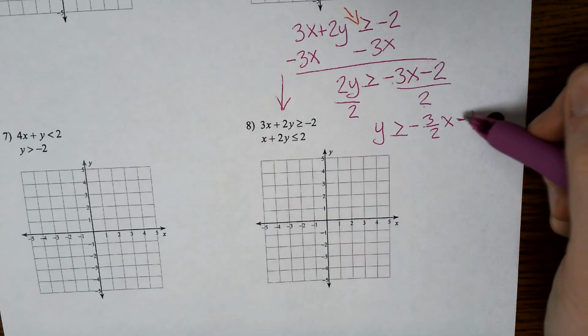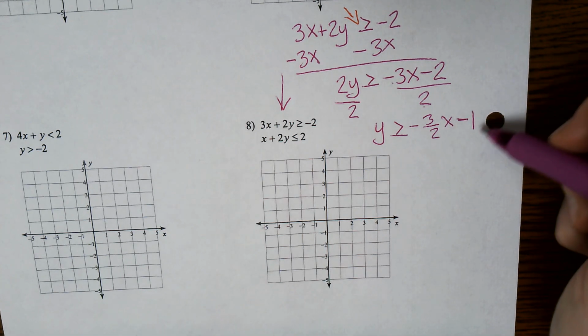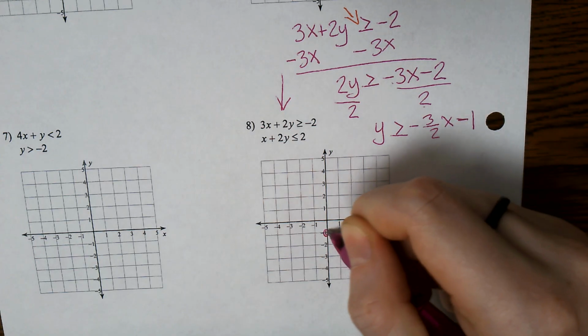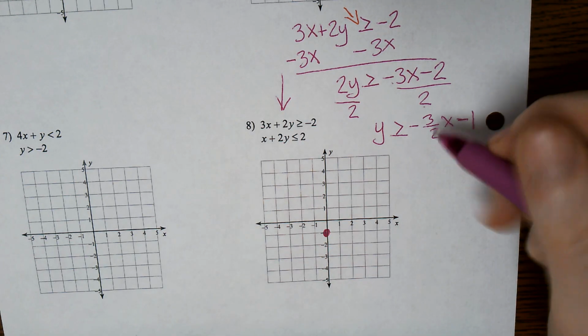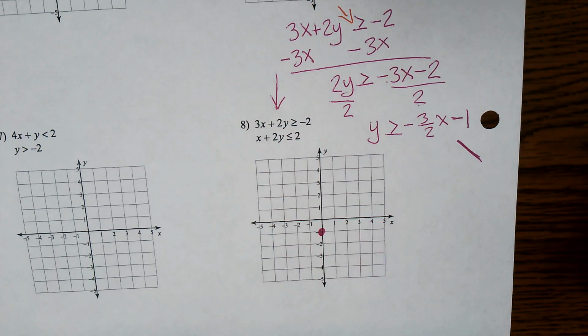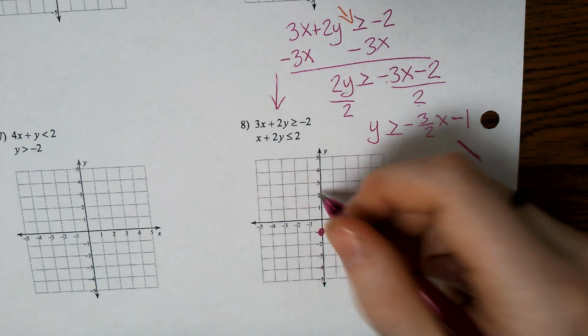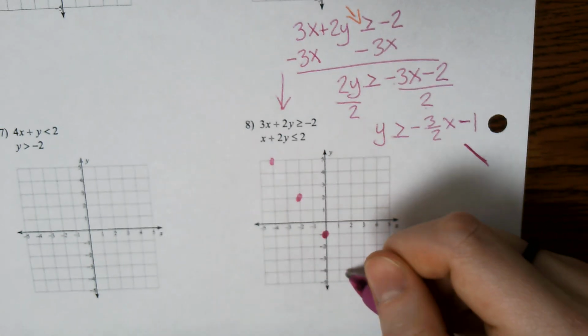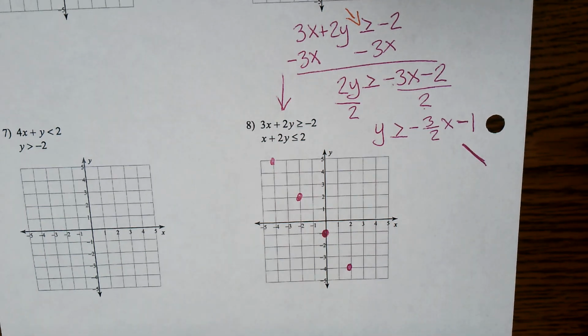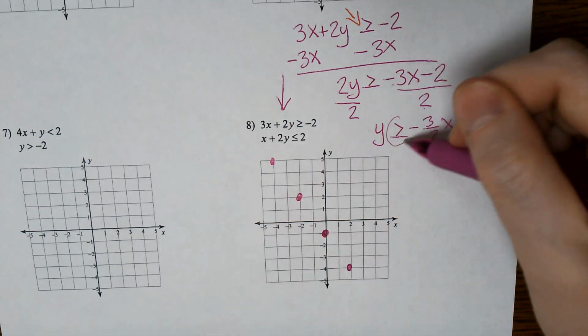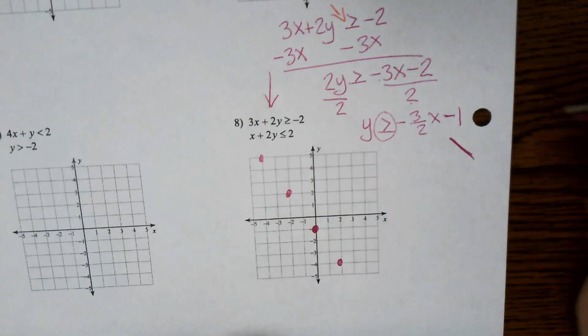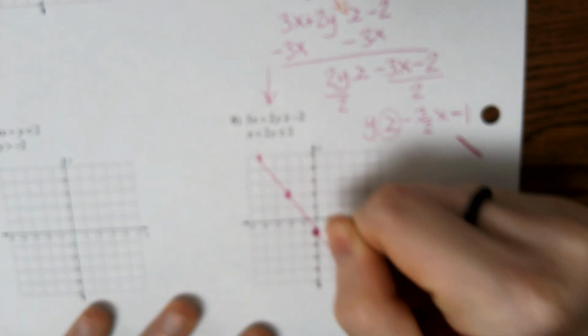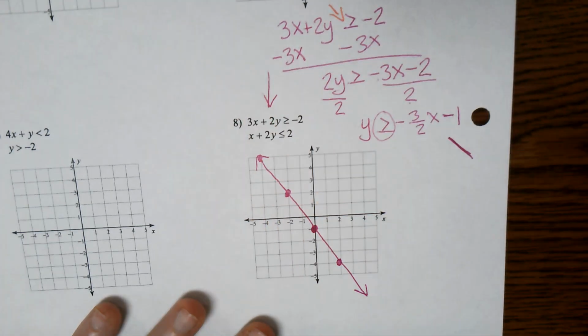So the slope is negative 3/2. Y-intercept is negative 1. So graph the y-intercept first. Then my slope is negative, so it should look like this. So up 3 over 2 to the left. Up 3 over 2. Down 3 over 2. Notice this is a greater than or equal to, so this is going to be a solid line. Okay.